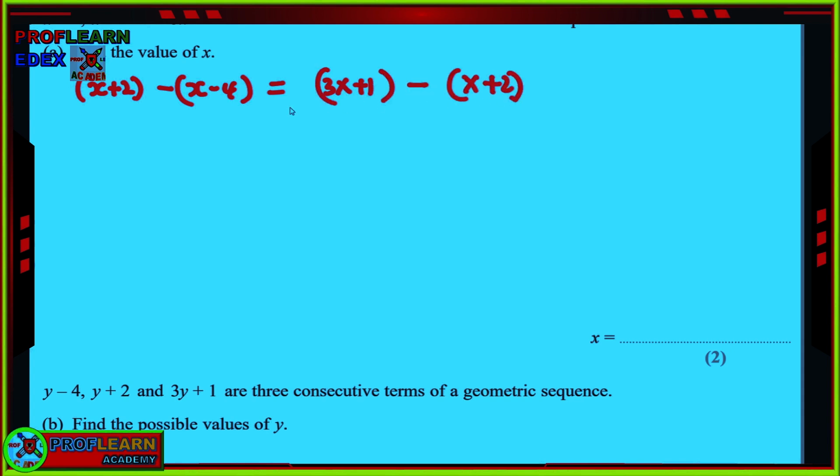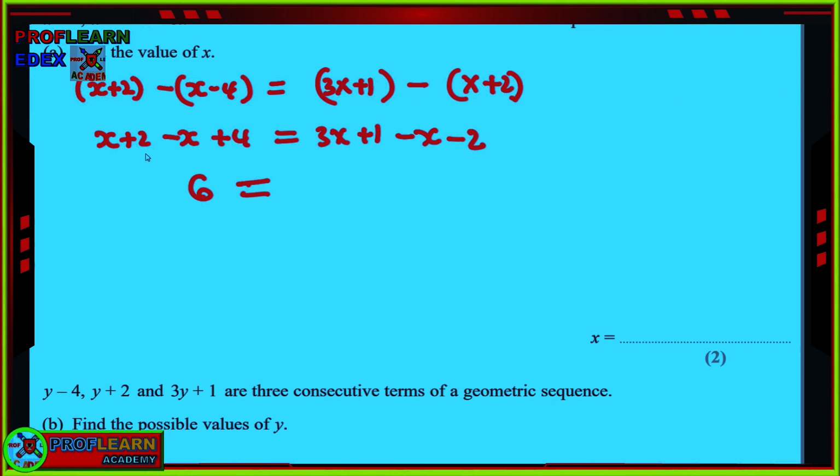If we open this bracket here, we are going to have x plus 2 minus x plus 4, which is 3x plus 1 minus x minus 2. So this x and this x are going to cancel out. We are going to have 6 here, right?